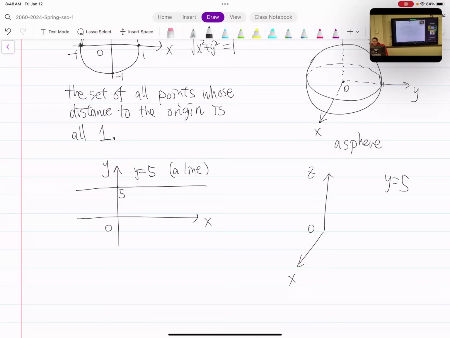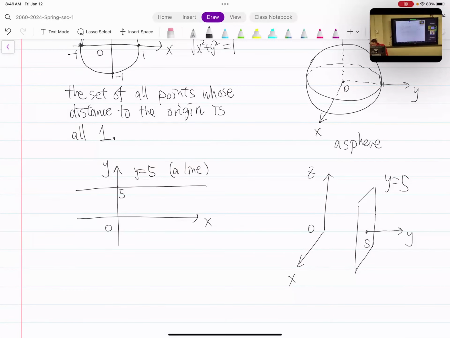Now you have x and z to be free. That means it's two-dimensional, right? So it's going to be what? Anyone want to guess? Like a plane, right? So here, the plane is the set of points where the y value is always 5. Okay?